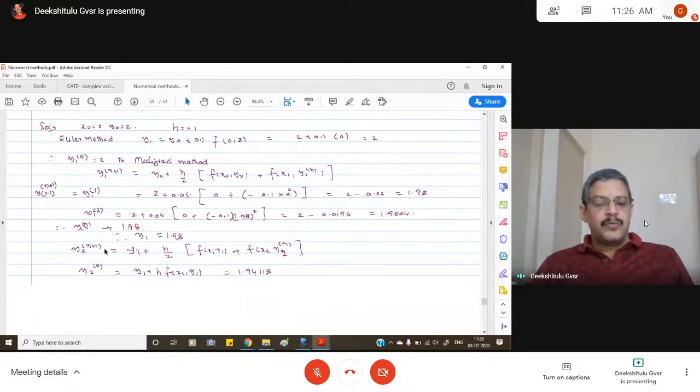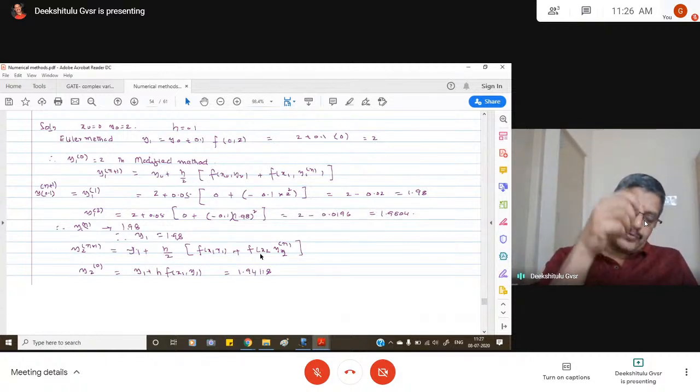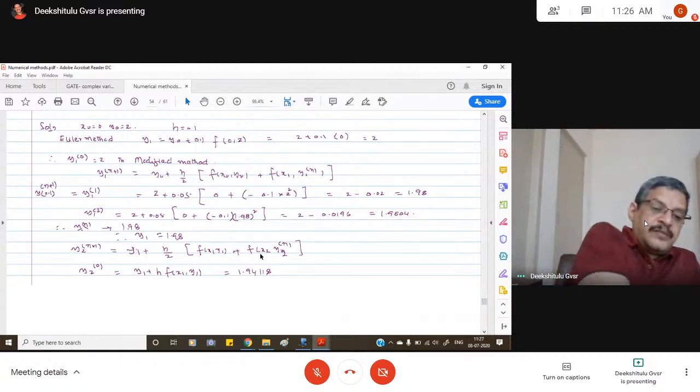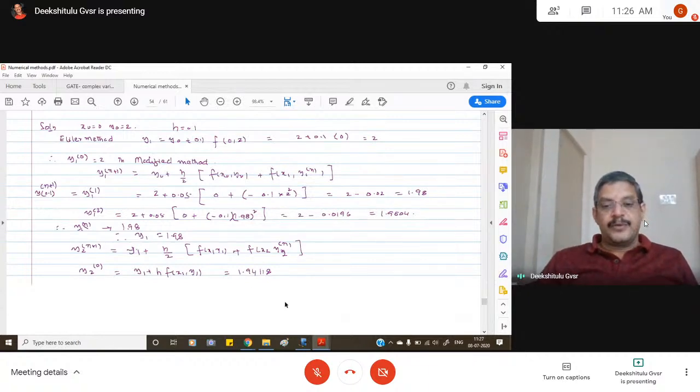Again, you go ahead with n is equal to 2, 3, 4, 5, and so on, and you get all the values. We observe that this y1n gradually tends to a value 1.94 something. If you go to n is equal to 4, 5, you will see that the y1n approaches this value uniformly.